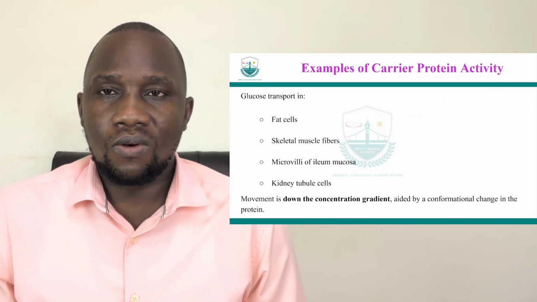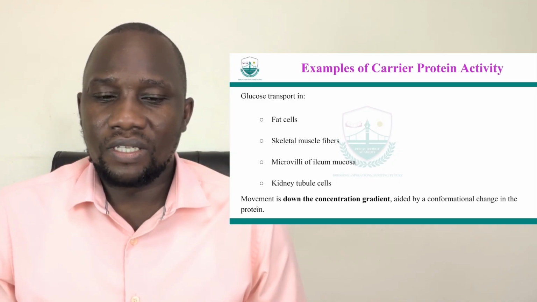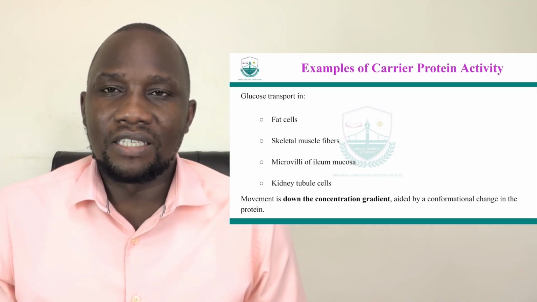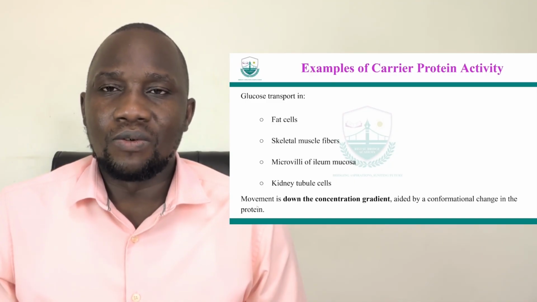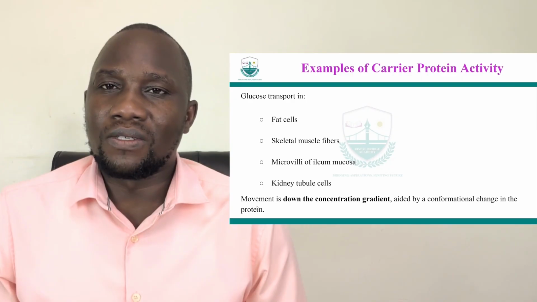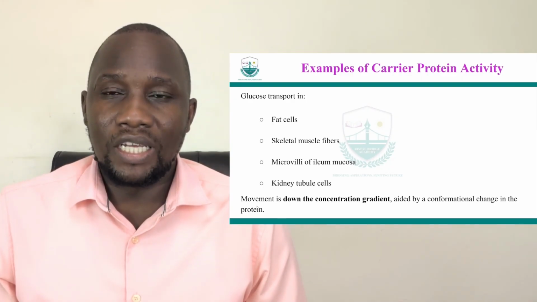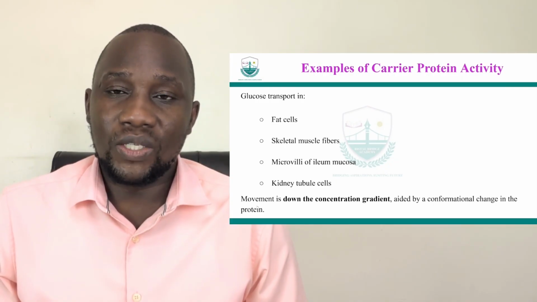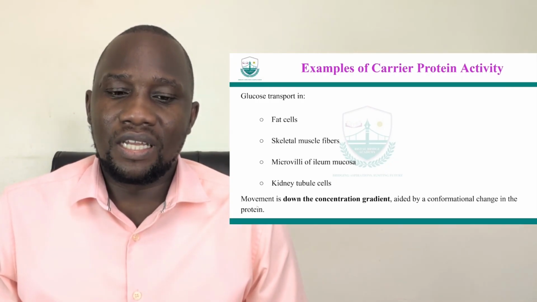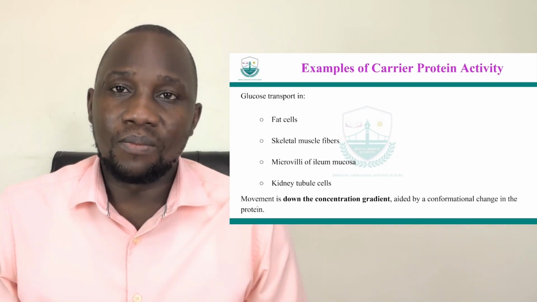Okay, so glucose needs carrier proteins, and we are saying that if glucose does not have carrier proteins, it will not go into the cells where we need to store it. The glucose needs to be taken into the muscles, and into fat cells or adipocytes.